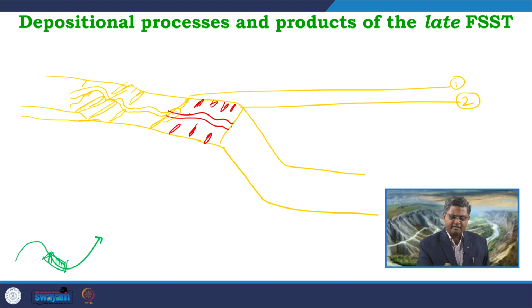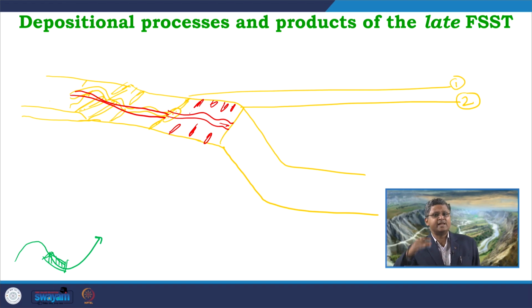When the river valley reaches this area, it faces further incision, as we discussed in our previous class. When the base level comes down to the shelf edge level, there is the second topographic break, and in response to that the overall river valley will face further incision.